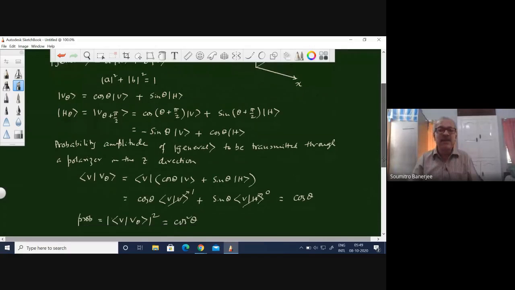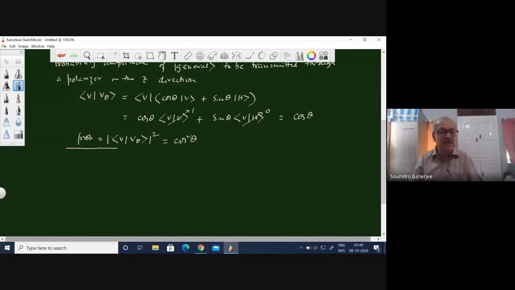So actually, the circular polarization is represented by horizontal plus i vertical, or plus minus i, because there are two possibilities. And if you want to add this, then you also have to normalize it by putting a 1 by root 2 here. So this is the way we represent the circular polarized state.